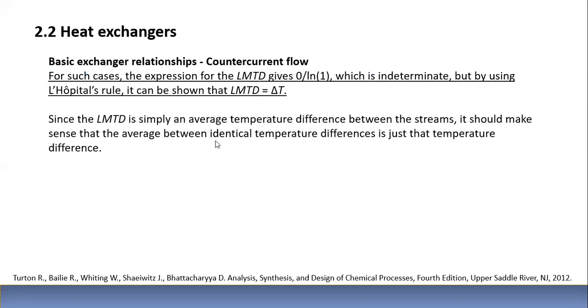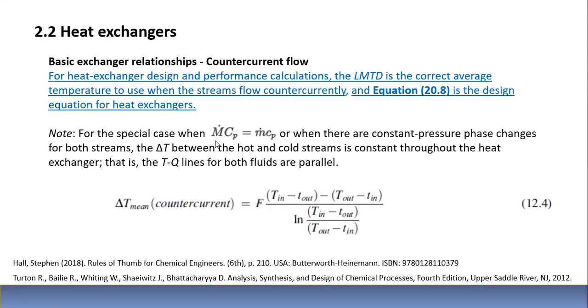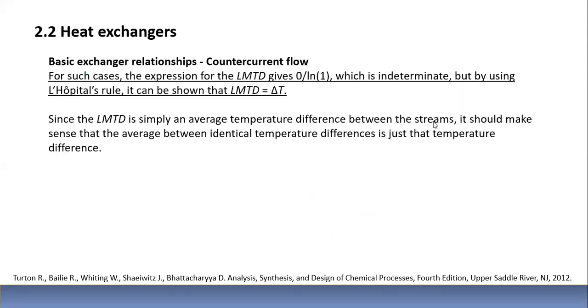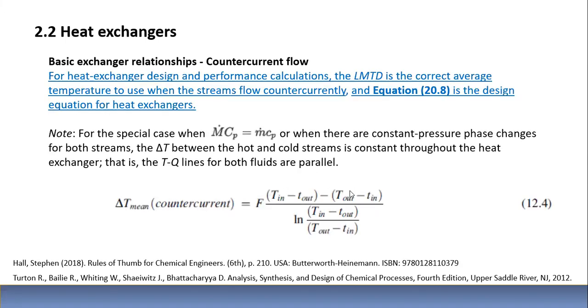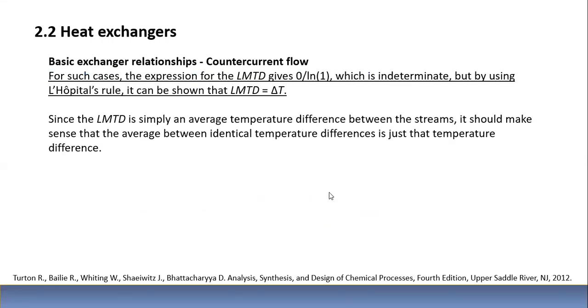Then we have a case where MCP of the hot side is going to be equal, or almost equal, to the MCP of the cold side. And that will give us 0 in here over ln of 1.